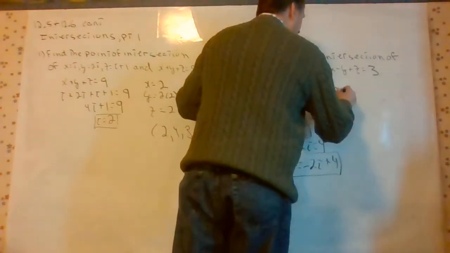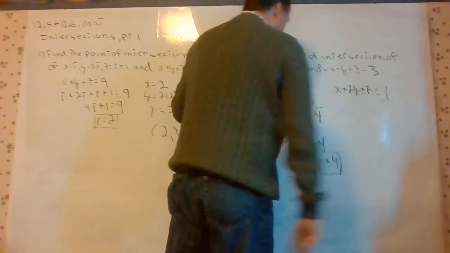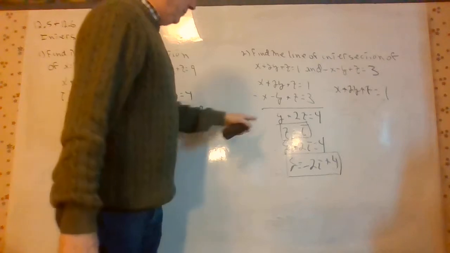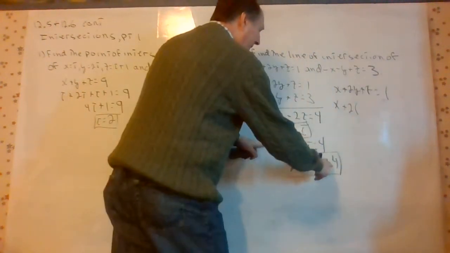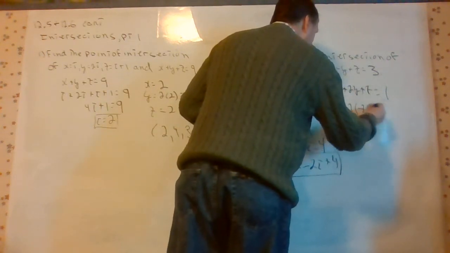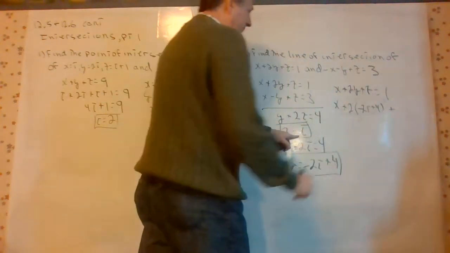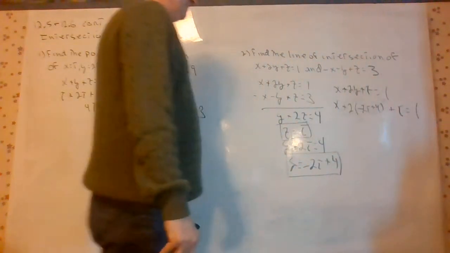You can start with x plus 2y plus z equals 1. And substitute x plus 2 times negative 2t plus 4 plus z, which is t, equals 1.